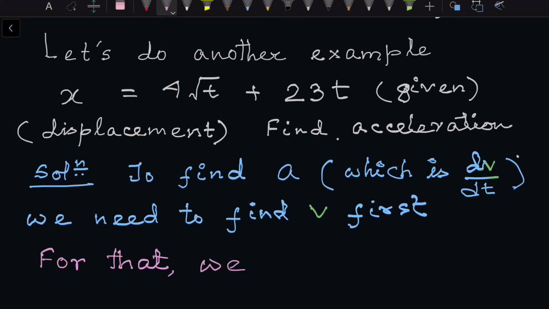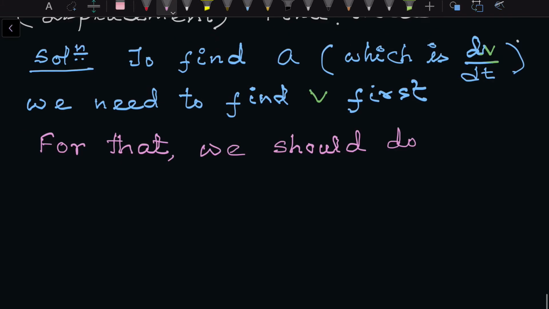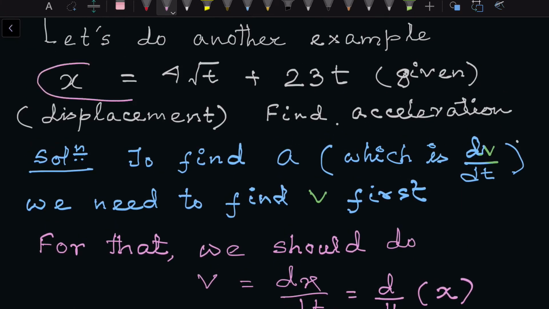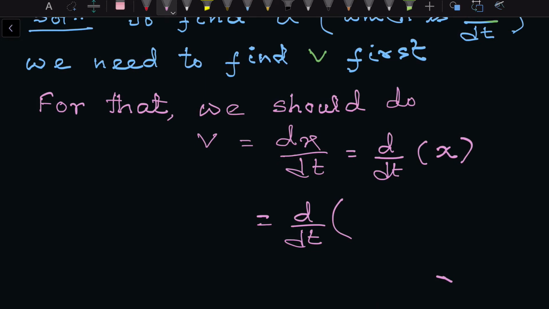So let us first find velocity as dx by dt equals d/dt of x, which was given as 4 root t plus 23t.